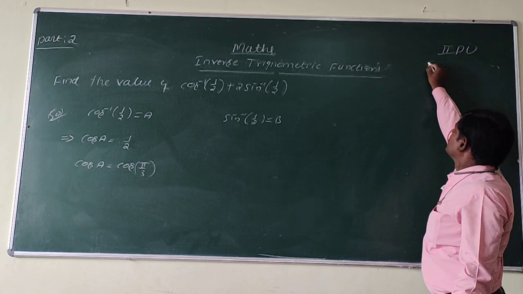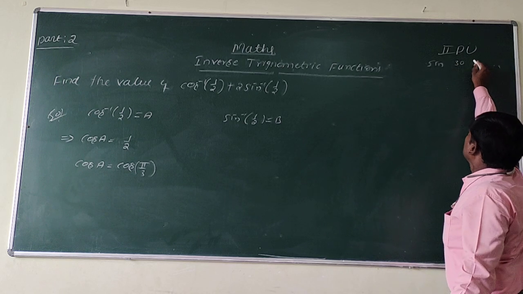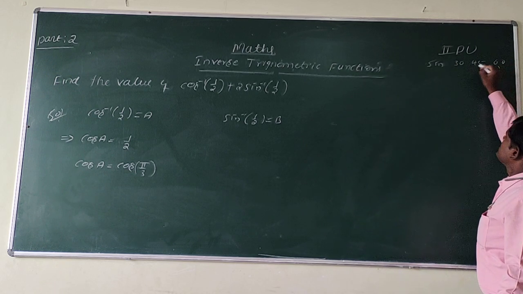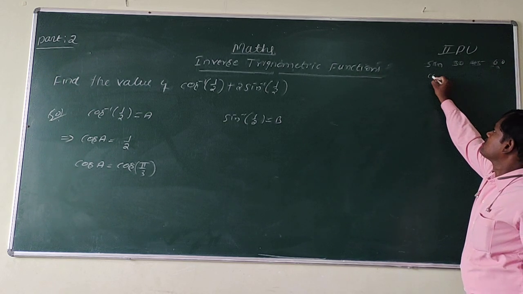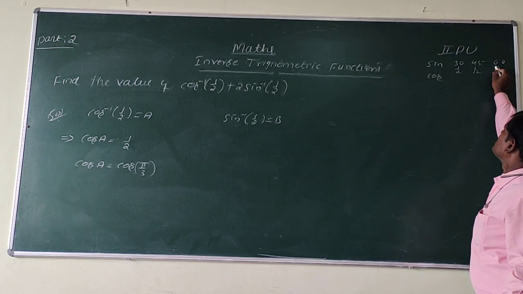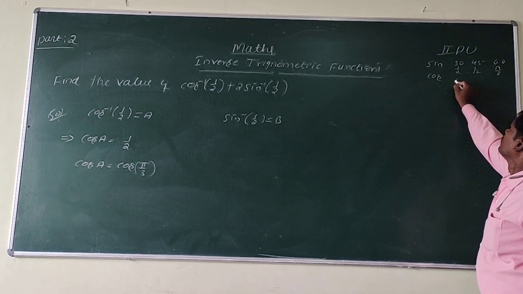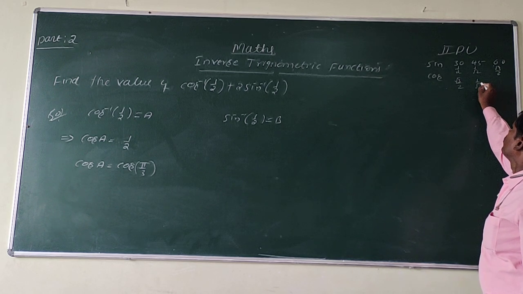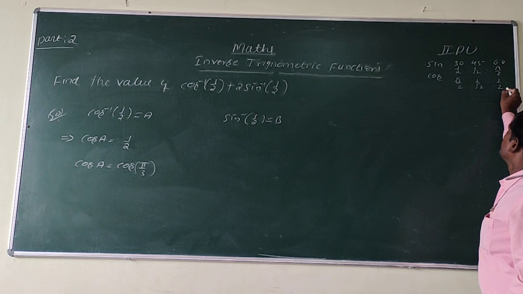Sin 30, 45, 60 is very easy to remember. For cos, the values are in reverse order: root 3 by 2, 1 by root 2, and 1 by 2.